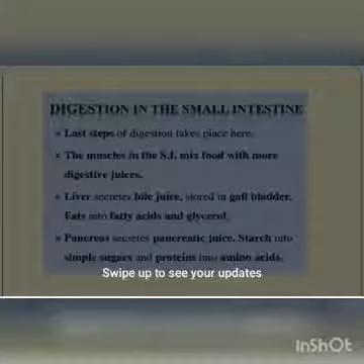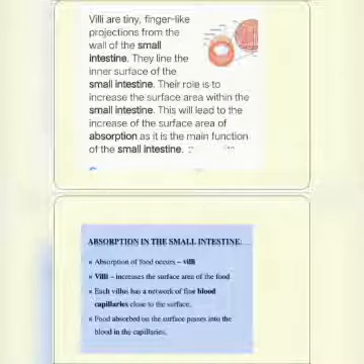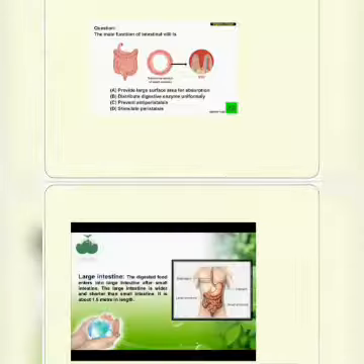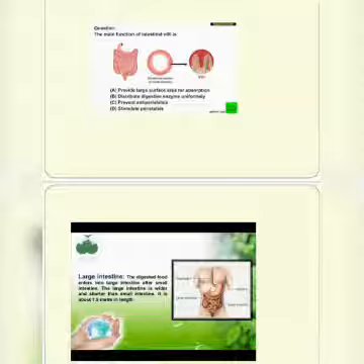Absorption of food occurs in the small intestine with the help of villi. These villi increase the surface area of the tube, and food absorbed on the surfaces passes from the tube into the blood in the capillaries.